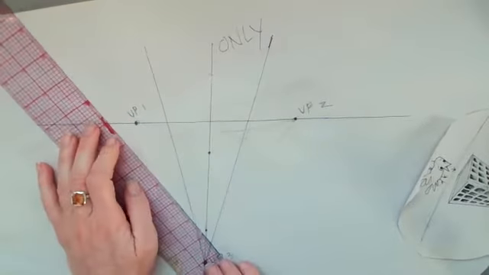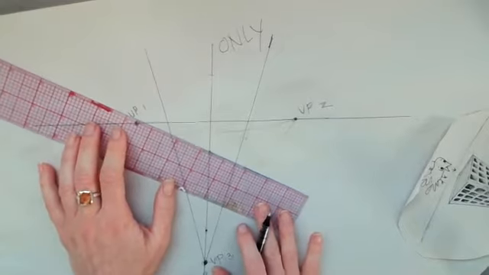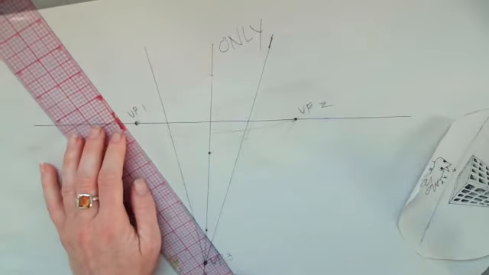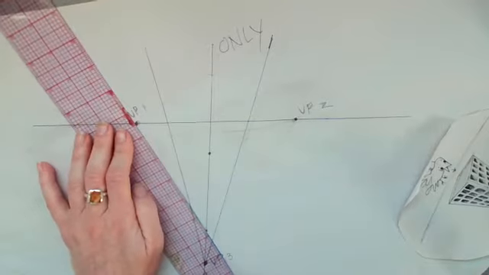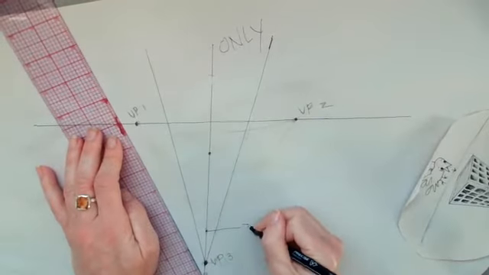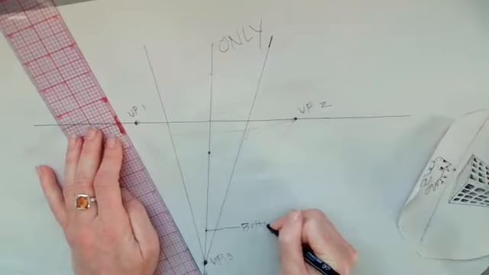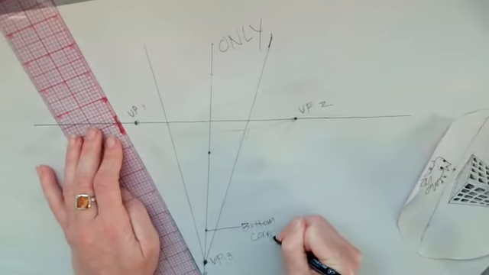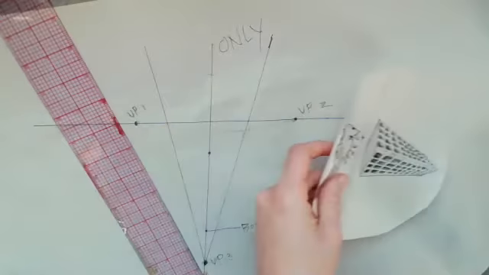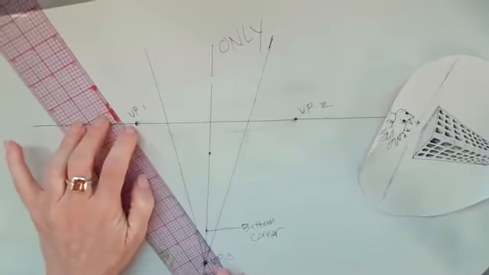Okay. So it doesn't matter if we start up at the top or if we start down at the bottom. I think I'll start at the bottom just to keep it consistent with the last video. So I'm going to connect my bottom corner, right? Bottom corner to my vanishing point 1.